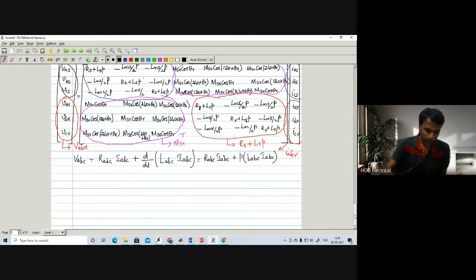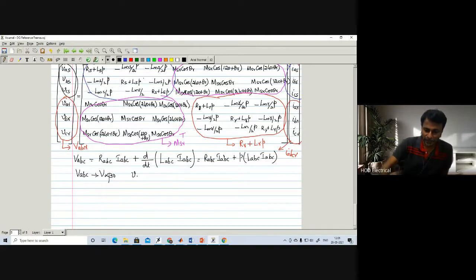Now we have this case. Already we know the conversion to alpha beta. Now our aim is to convert ABC to alpha beta naught. So now I am using the power invariant transformation. Already we know the power invariant transformation.